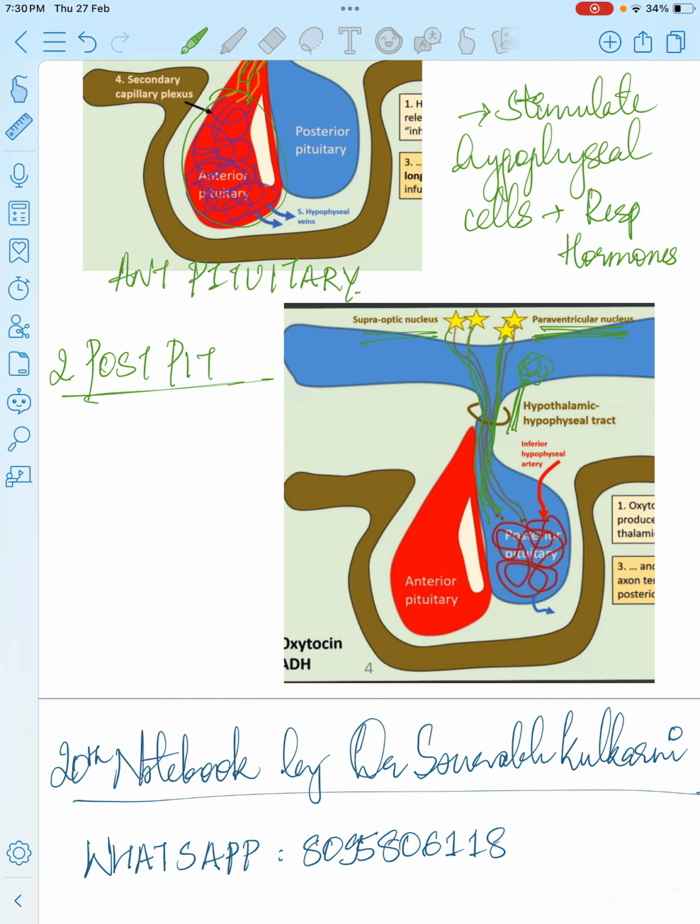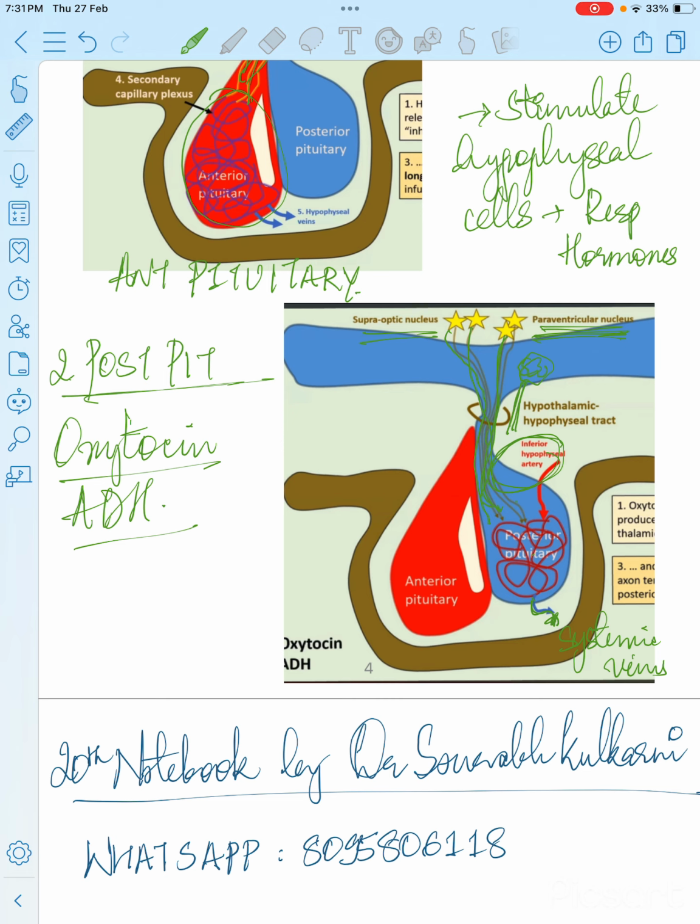The axons themselves of these tracts terminate into the posterior pituitary, and they secrete their respective hormones, oxytocin and antidiuretic hormone, into the inferior pituitary hypophyseal artery, through which they are distributed to the body through the systemic veins.